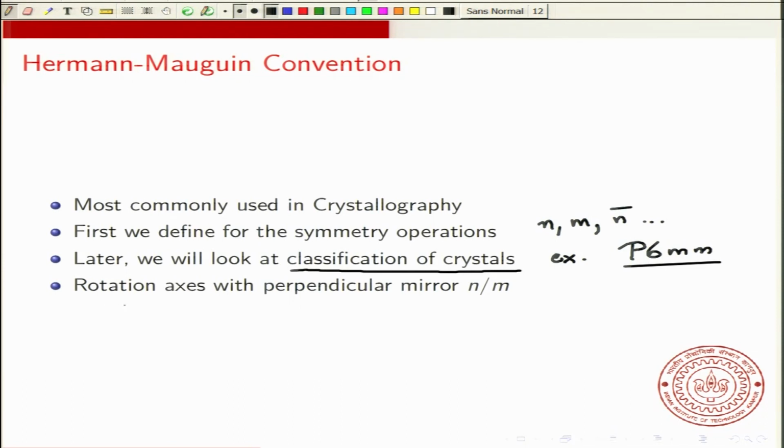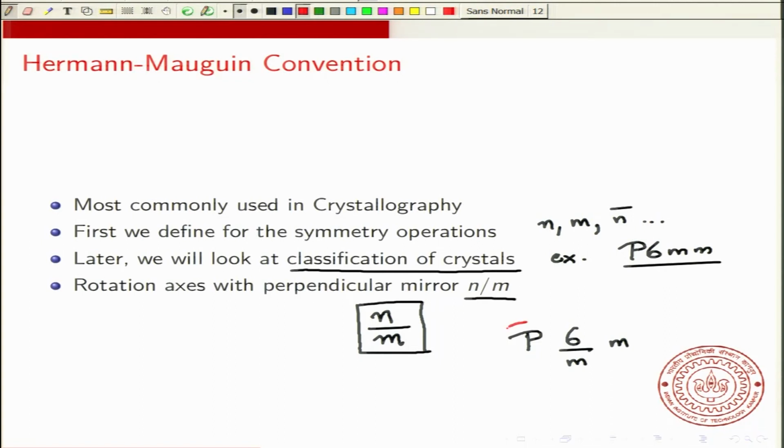I also already mentioned that if you have a rotation axis with a perpendicular mirror, you use this symbol n by m. Actually it is n divided by m, which should be written one below the other. So, for example, you can have something like P 6 by m in the notation for the crystal.